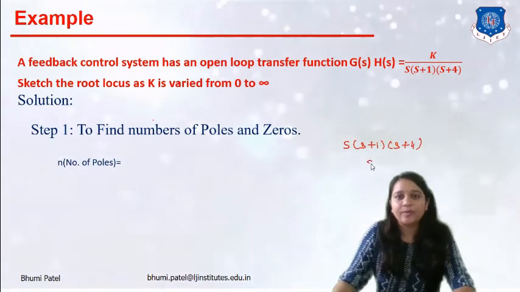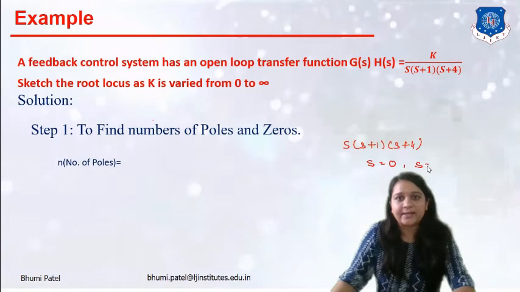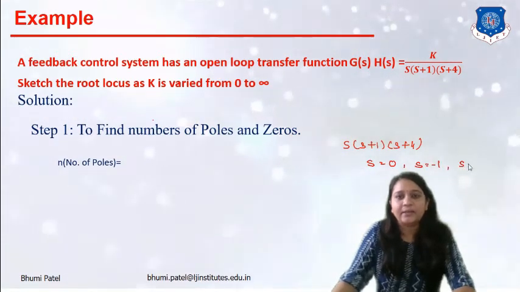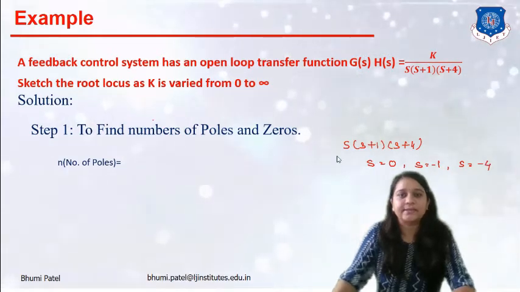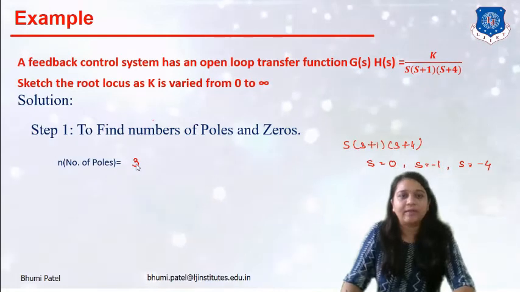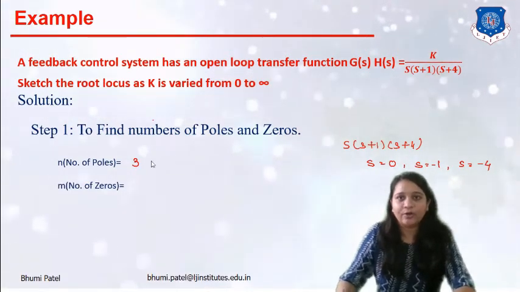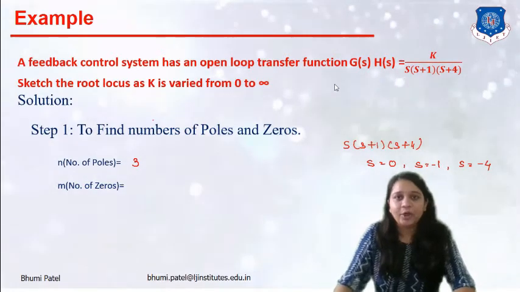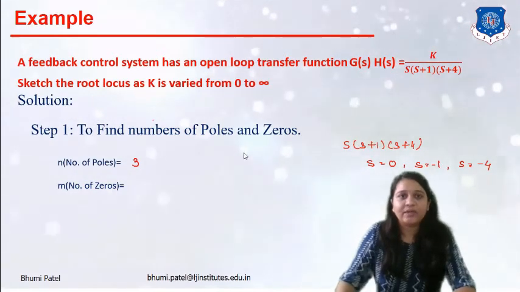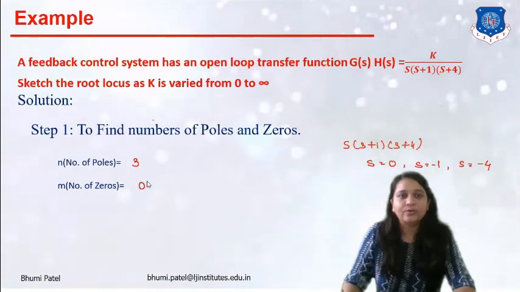So our first pole is s equal to 0, the second is s equal to minus 1, and the third is s equal to minus 4. So the number of poles n is equal to 3. Next we have to find the number of zeros. In the numerator there is no term with s, so the number of zeros is 0.